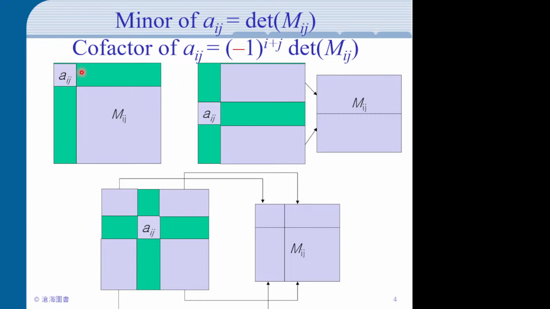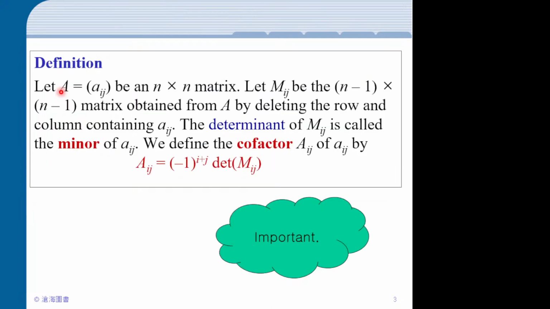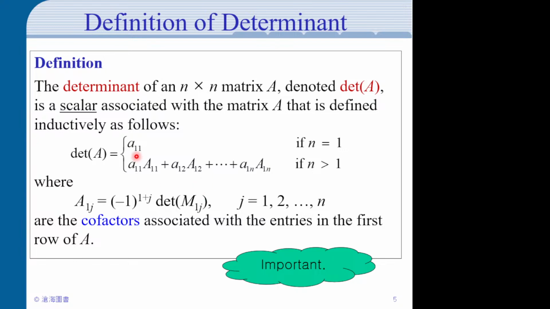You go through the first row, and you have the corresponding M1j, which are n minus 1 dimensional matrices.